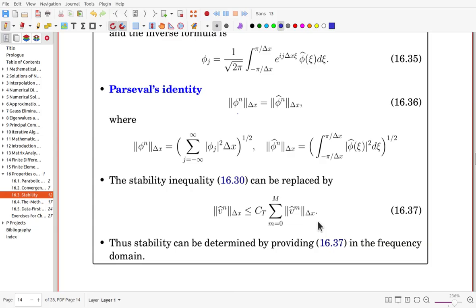Okay, so the stability inequality can be replaced by this inequality. So this initial energy in the frequency domain is at the nth level, the energy in the frequency domain. However, this quantity will be the same as in the physical domain. So rather than the original stability inequality, we may try to control to satisfy this inequality.